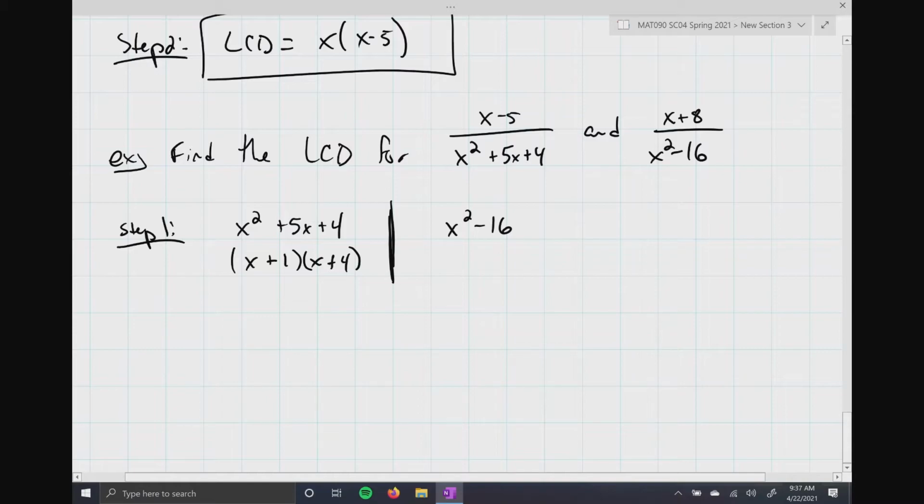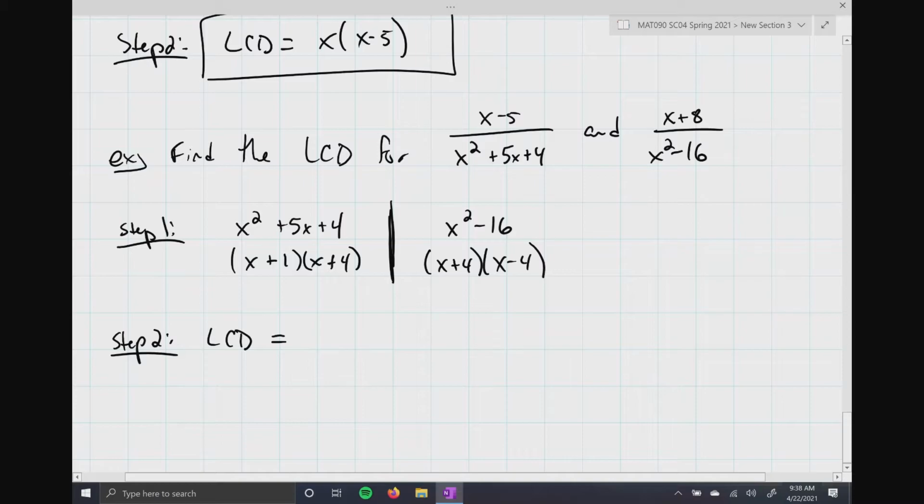Okay, draw a little line. X squared minus 16. Well, difference of squares. Didn't I say you would see a lot of them? So that's just going to be x plus 4 times x minus 4. So step 1 is now done. I've completely factored everything. Step 2. I need to find the LCD, and this is key now, it is the product of unique factors.